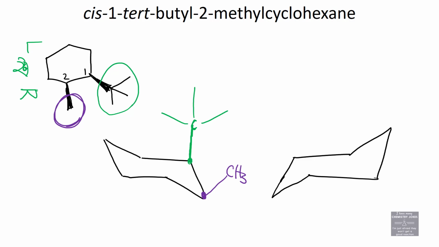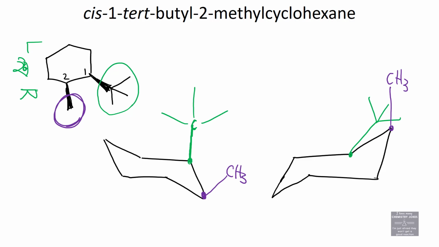Okay, cool. Green carbon maps to that spot. That's the same carbon. Tert-butyl is up and axial, flips to up and equatorial. Okay? Purple. Methyl is up and equatorial, flips to up and axial on that purple carbon.